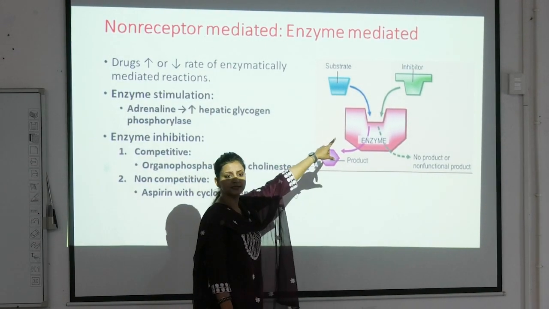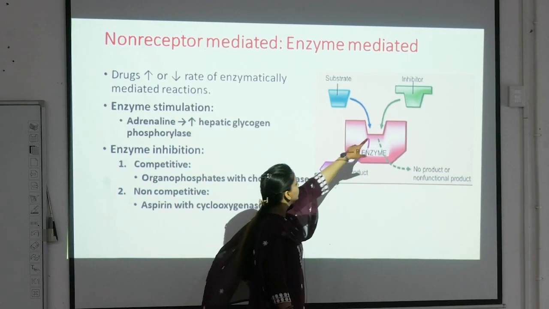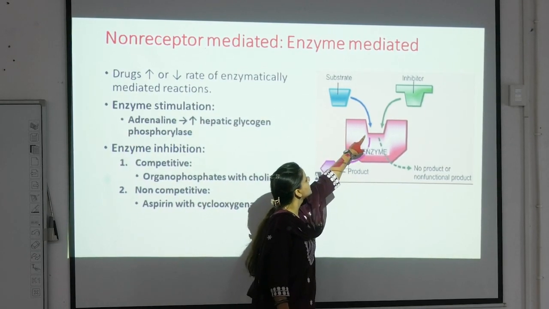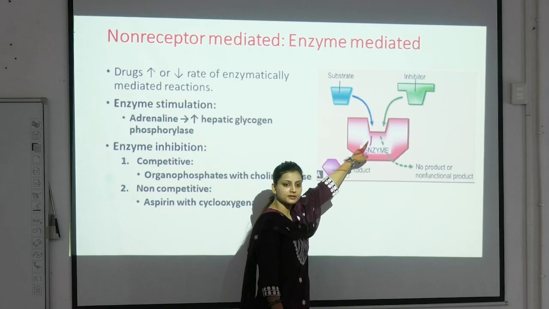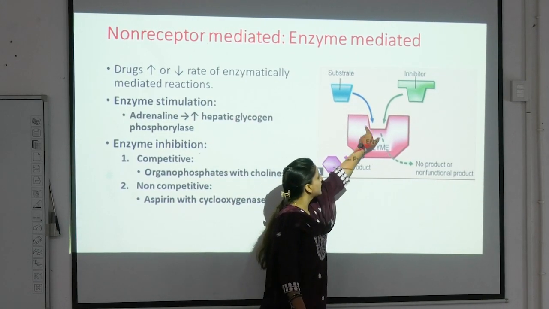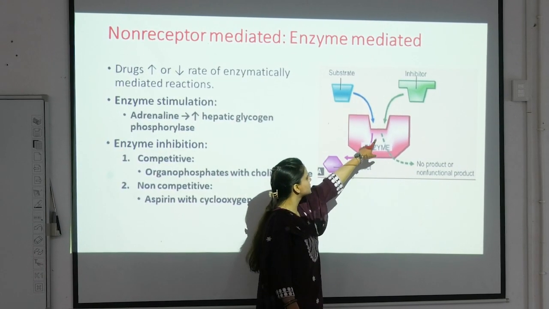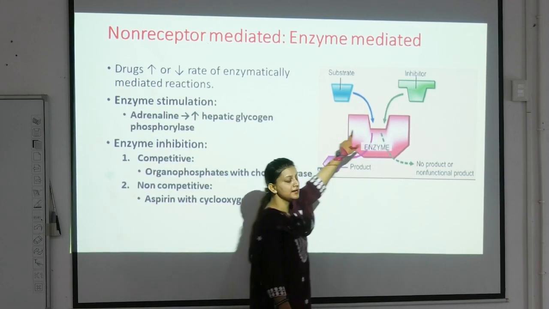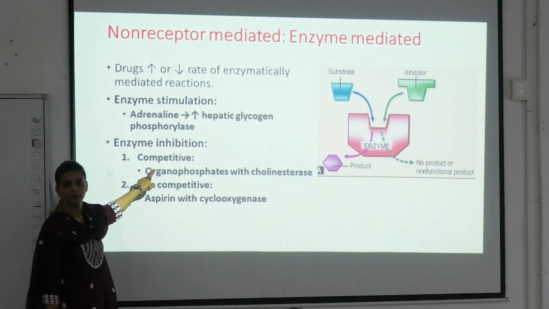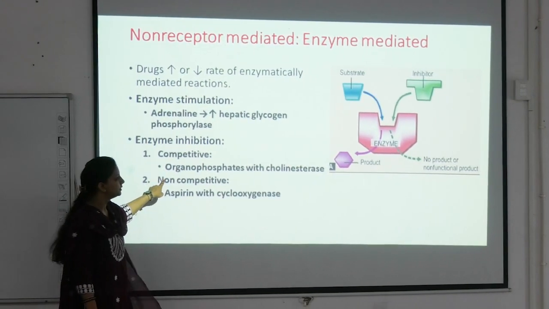Now, when the inhibitor comes, what is happening? It is coming to the same site as the substrate. If it is coming and acting at the same site, that is the substrate binding site, then it is competitive.